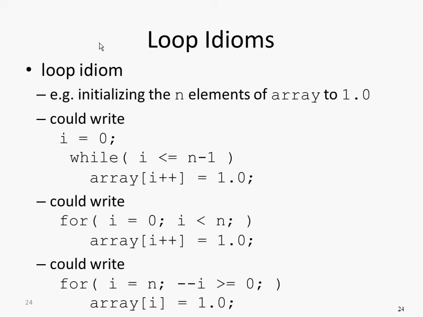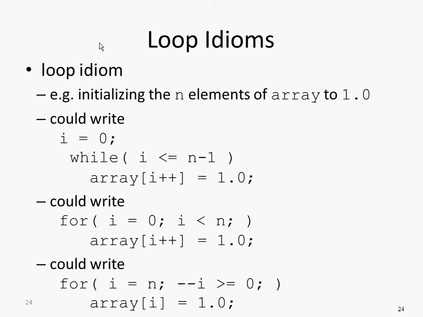Rather than putting it before a while loop up there, put it in the for loop. That's what these were built for. So for i equals 0, and then i is less than n. Actually, that's standard. So you do i is less than n, not less than or equal to n minus 1. That's just confusing.